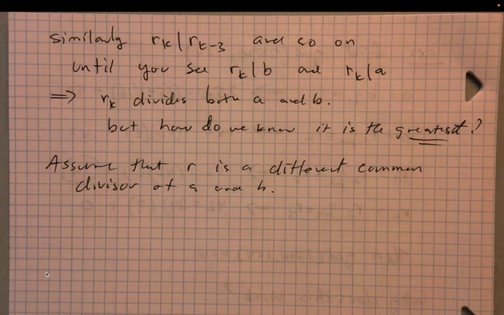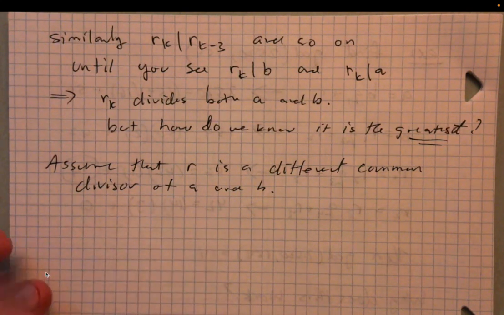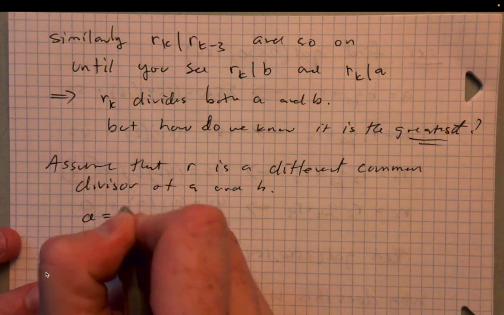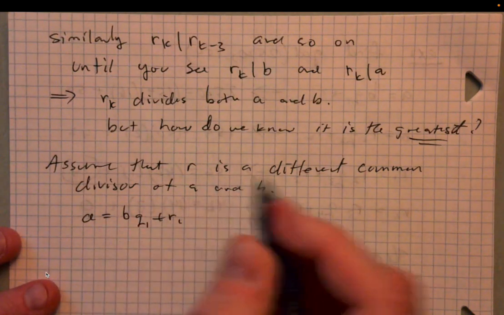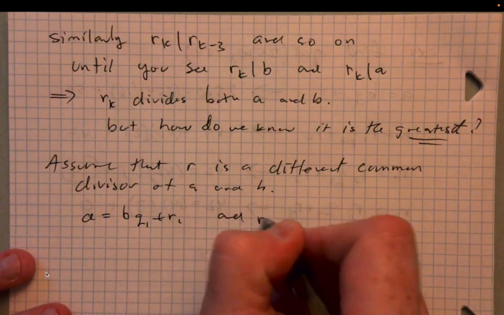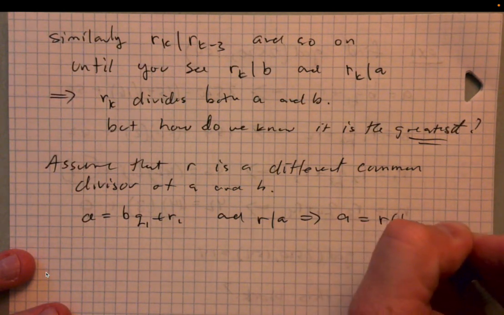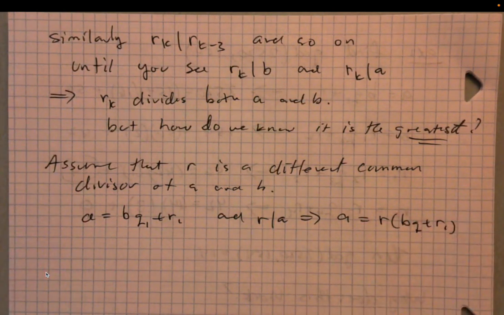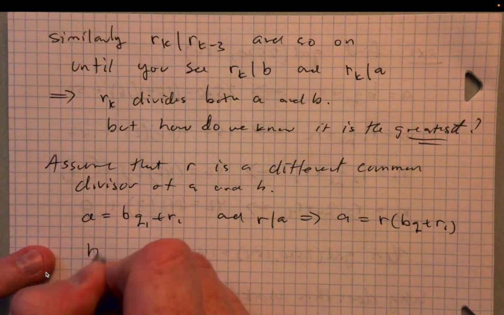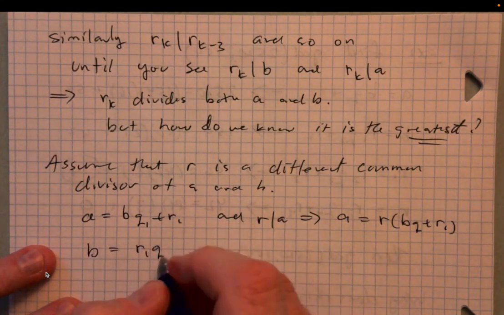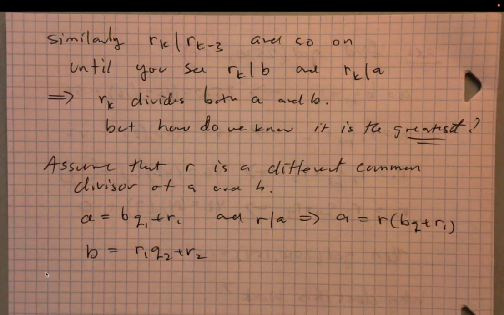Okay, so then from the previous thing, we saw that a is equal to b q1 plus r1, right? And r dividing a implies that a equals r times bq plus r1, right? Okay, and in that second equation, we had something similar. We saw that b is equal to r1 q2 plus r2. Okay.